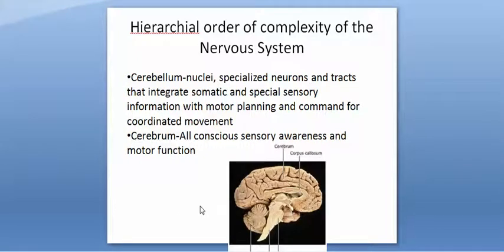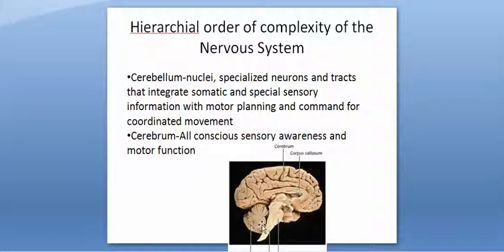All right, now we get to move to the cerebellum and the cerebrum. Here's a mid-sagittal view of the brain. This is anterior, this is posterior. This is our cerebrum. You can think of it as the telencephalon. It actually is the telencephalon. And here's our cerebellum. Let's talk about the cerebellum first because that's lower on the hierarchy.